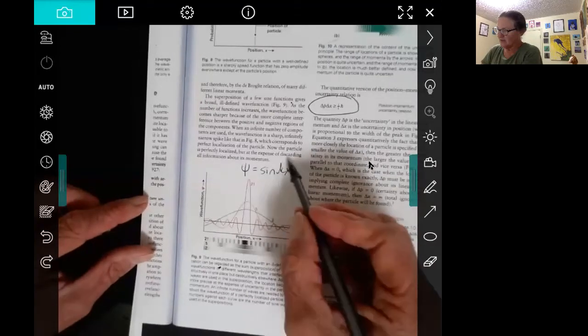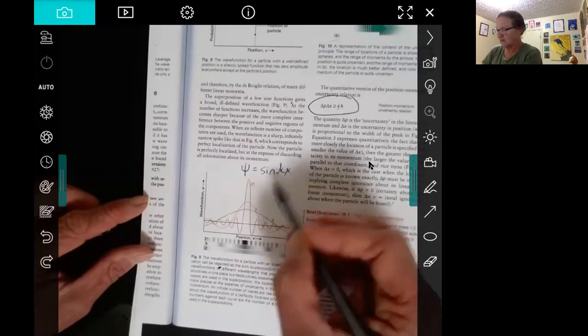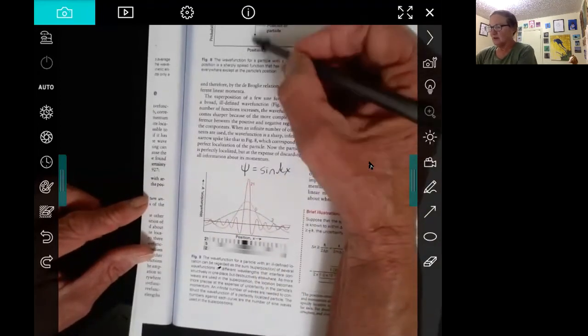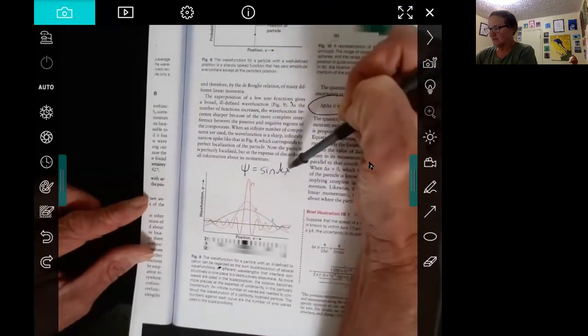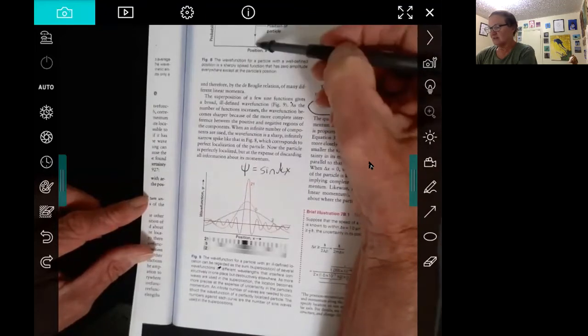If you added together tons and tons of these to infinity with different k values, their interference pattern would allow you to get a wave function that's single peaked. That would mean an infinite sum of these, each of which had a different momentum, gives you an exact location.